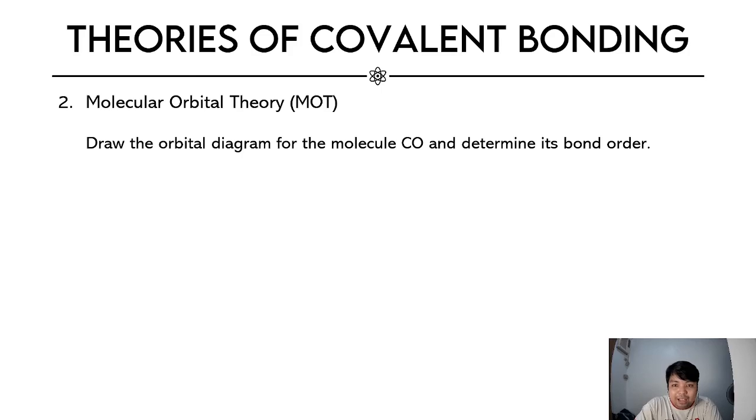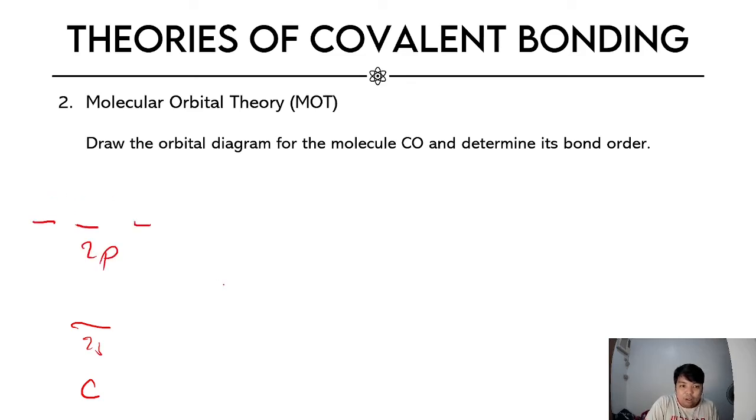so let's have a last example here. Let's draw the orbital diagram for the molecule carbon monoxide and determine its bond order. So we will only draw the valence orbitals. So the valence orbitals of carbon are 2s and 2p.